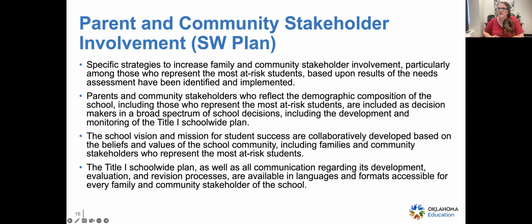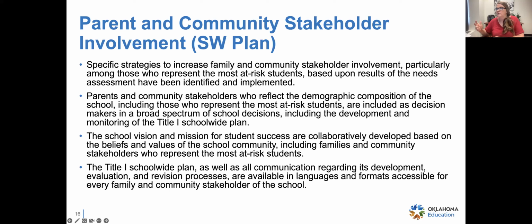So we're going to read through these meet expectations requirements. One would be that there are specific strategies to increase family and community stakeholder involvement, particularly among those who represent the most at-risk students based upon the results of the needs assessment. So you're going to want to have specific strategies that you're using to get people involved, okay? The next portion is the parent and community stakeholders, those that are involved.